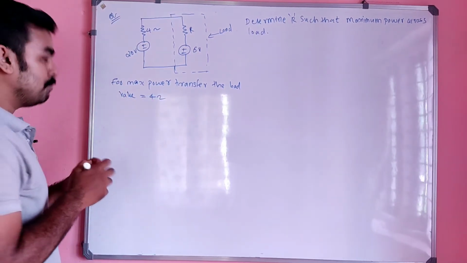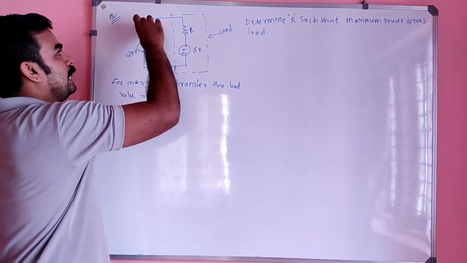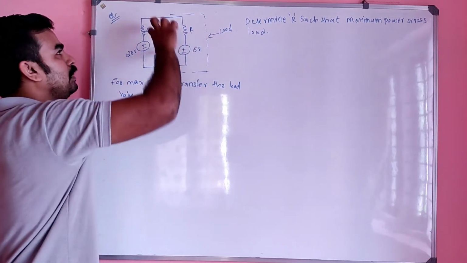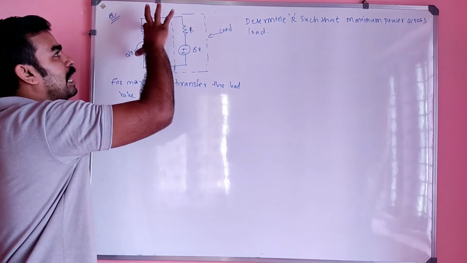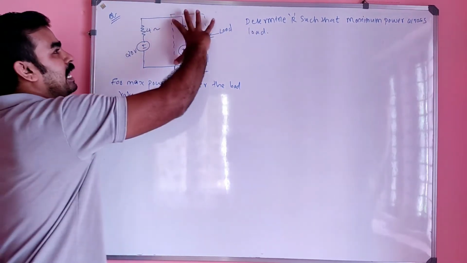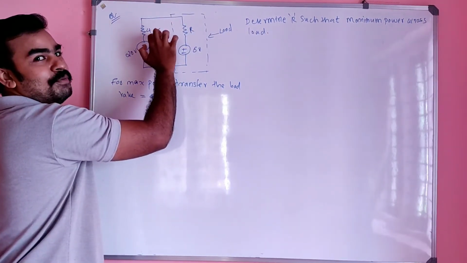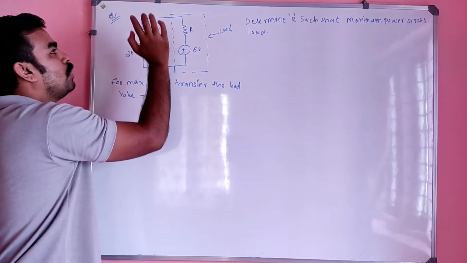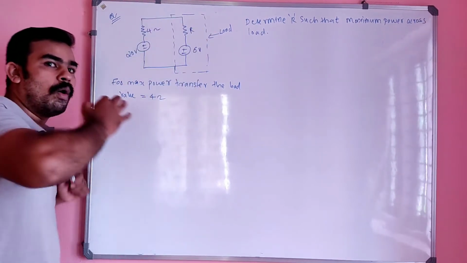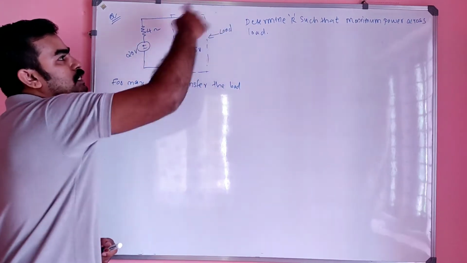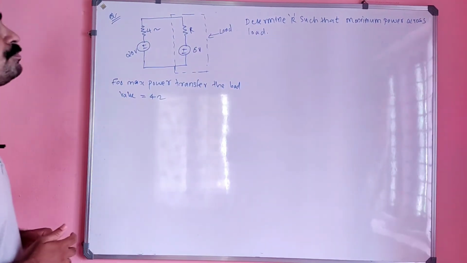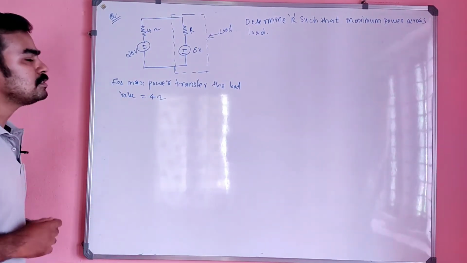For maximum power transfer, the same value will be here also. Then only RL will be equal to R Thevenin or RS. R Thevenin is 4 ohm, no? So the condition R Thevenin equal to RL is satisfied only if the effective value of this load is 4 ohm.